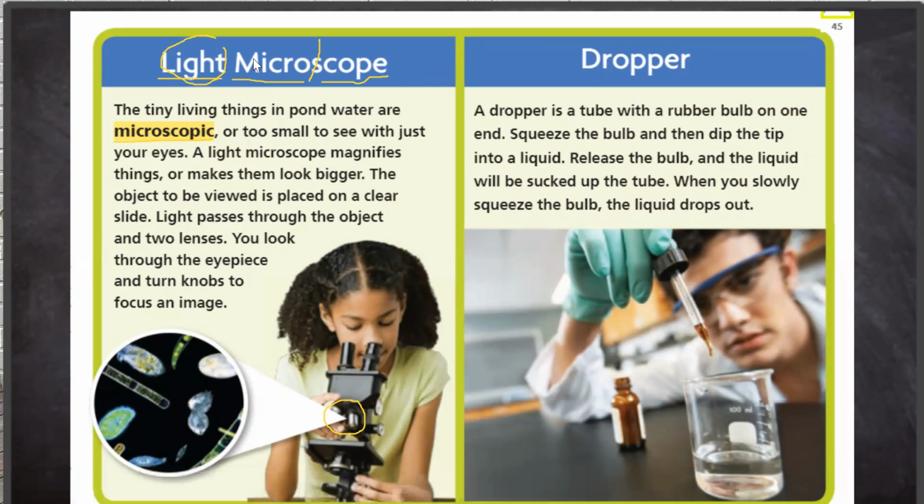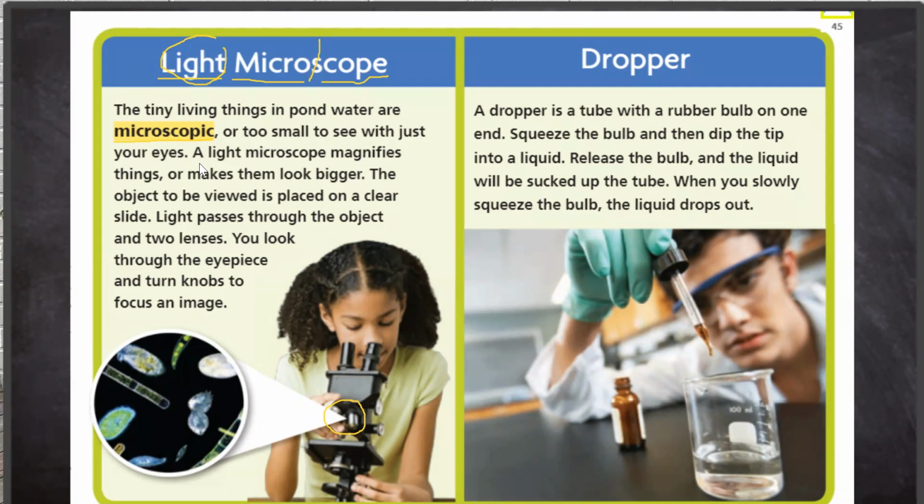Now, before we end that, the word microscopic, what do you think that means? Microscopic. What do you think that means? Too small to see with just your eyes.